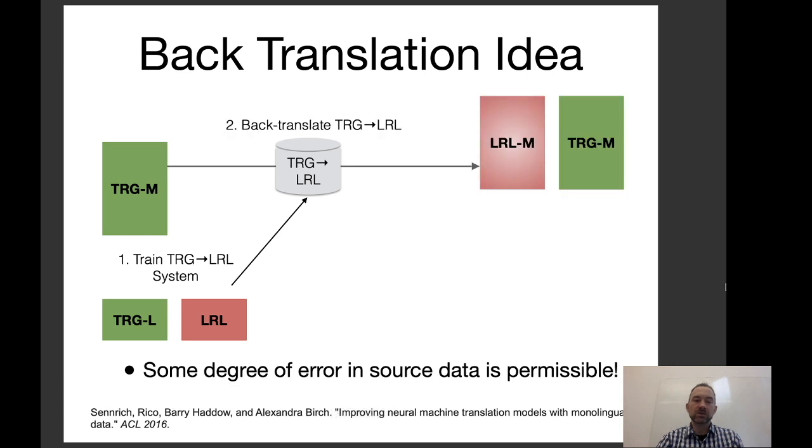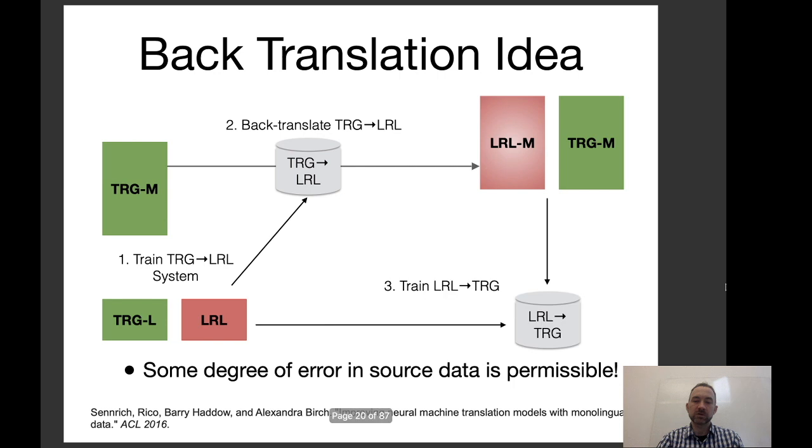We use this system to back translate a lot of target language data, giving us a low resource language and target language parallel corpus. Then we train a low resource language to target language translation model using the large pseudo-parallel data on the top right and the small actual parallel data on the bottom left.